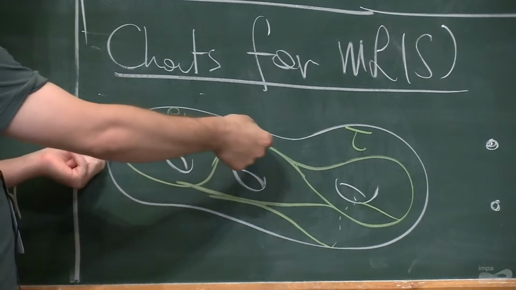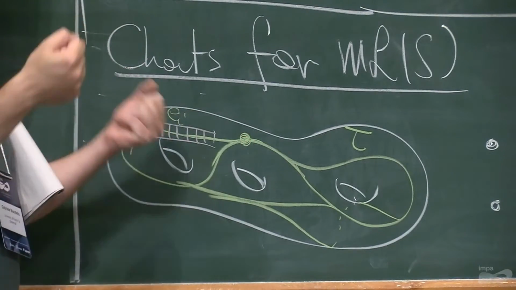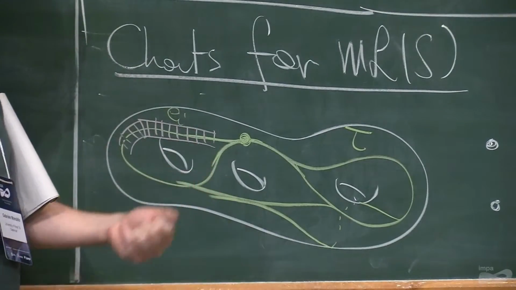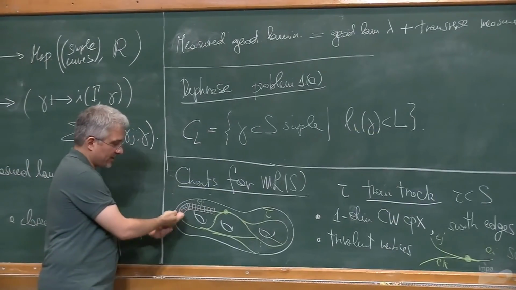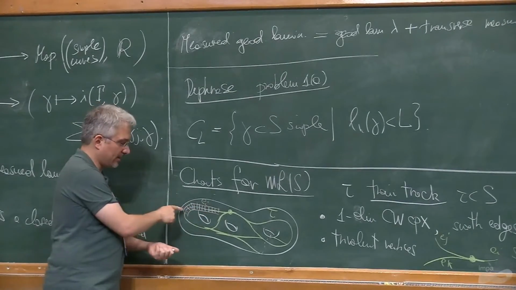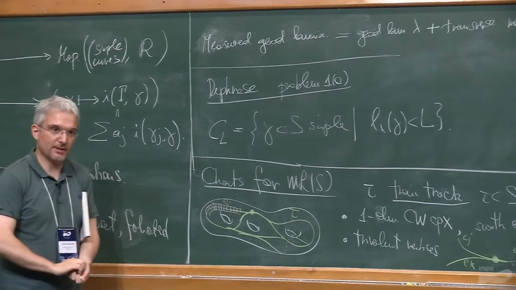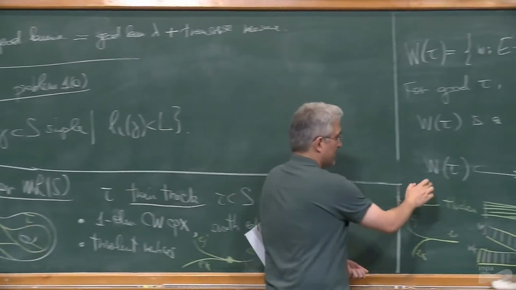To each leaf of this foliation you can associate a geodesic leaf by straightening it, and the set of leaves gives you the geodesic lamination, and the measure you had on these leaves gives you the measure on the geodesic lamination. So this gives this map.